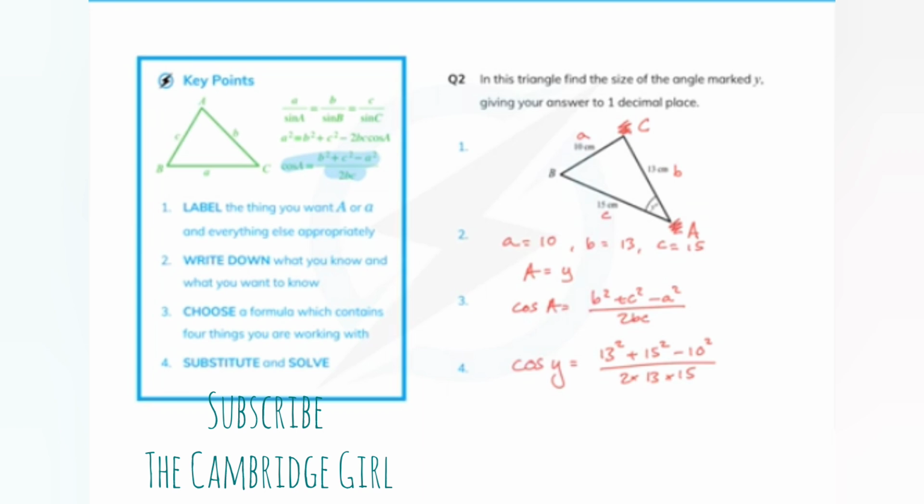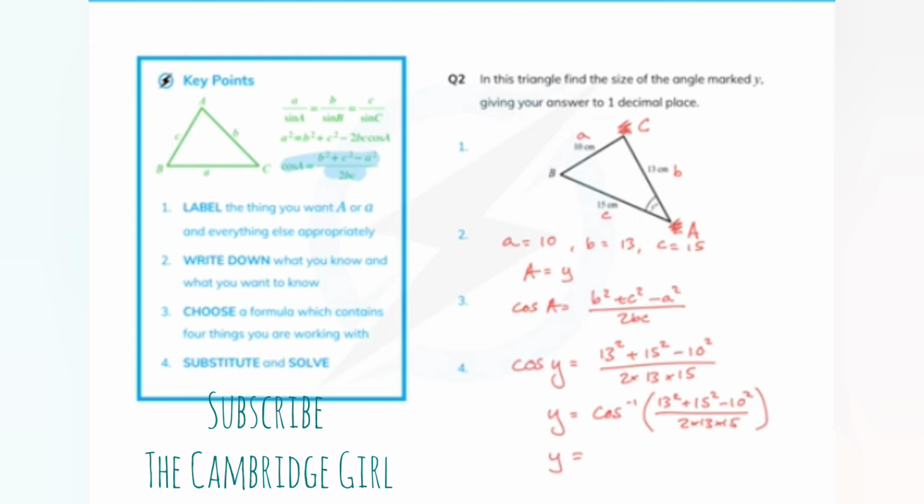Now remember that if you know cos y and you want to find y, you need to use cos to the minus 1, which is shift cos on your calculator. I would just put all of this in the big bracket using the fraction template inside it, and your calculator will cope with that very well. It's less likely to make a mistake than you are.